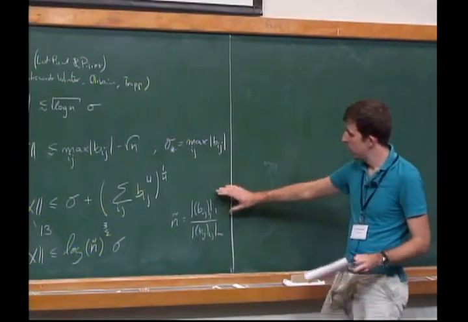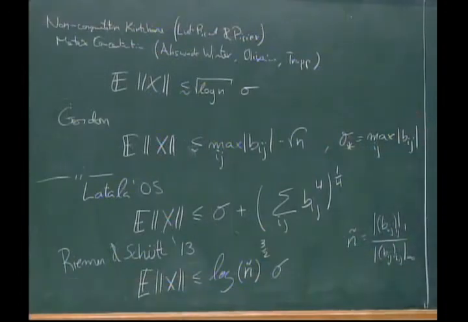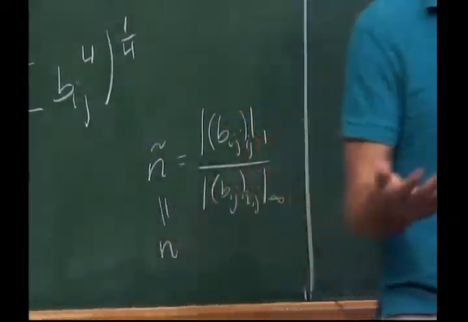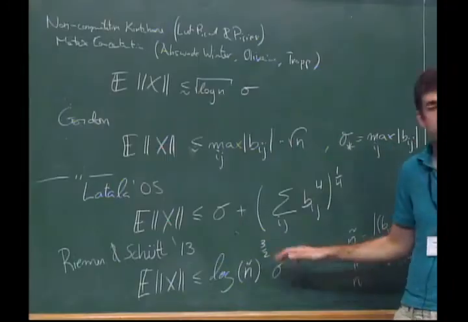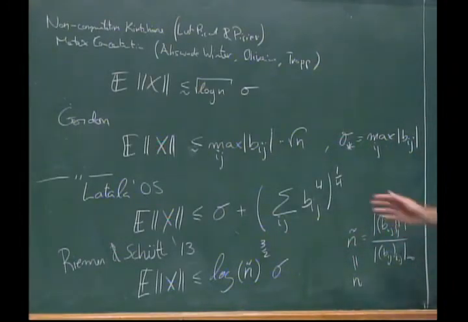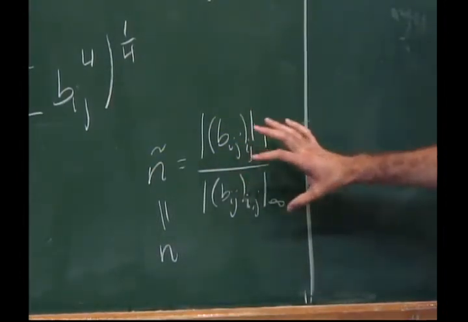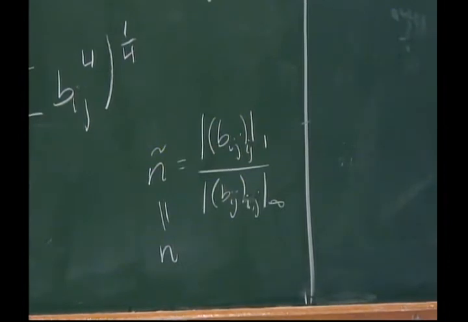If the b's are more or less homogeneous, this is n, essentially. So in most instances this result says log n to the 3/2 times sigma, and it's dominated by non-commutative Khintchine. But if the b_ij's are very inhomogeneous, or if it's a matrix of smaller dimension embedded in a large dimension, it does give an improvement.